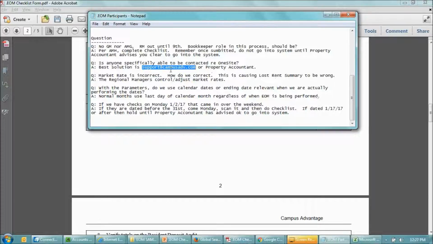So if you want to go to support@campusadv.com, that's always by default the primary place I refer folks to. But the property accountant in this case, because it is so time sensitive, may be a better option, while also allowing that most of them are new. I think all the property accountants of everyone on the call are new as well. But 'tis the Christmas spirit, right? So we've covered everyone's questions except the specific ones that come up.